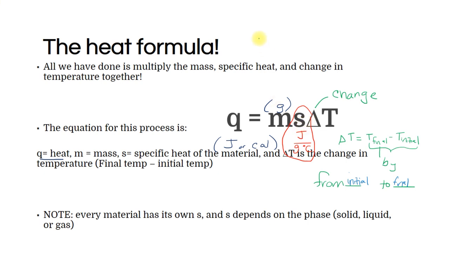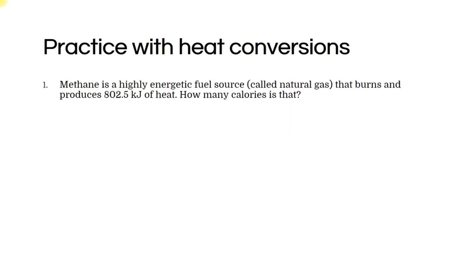So S for water, again, this is just specific to water, is 4.184 joules per gram degree C. So if I'm working with water, I can always use that as a constant to fill in here. And then if I just know the mass and how much the temperature changed, I can find energy. Or sometimes maybe we know the temperature change and how much energy, but we don't know the mass. So there might be different types of questions you can get that are going to use this equation.